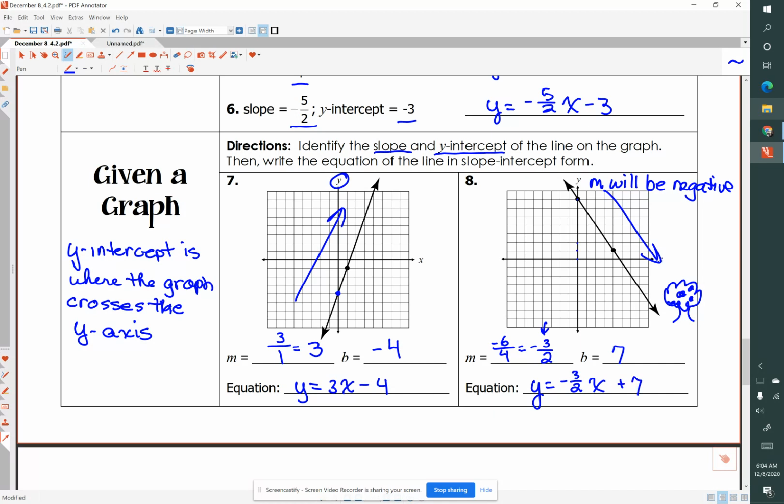So one thing you might notice already about the y-intercept is that when the y-intercept is below the origin, here's the origin, 0, 0, the b value is negative. When the y-intercept is above the origin, the b value is positive.